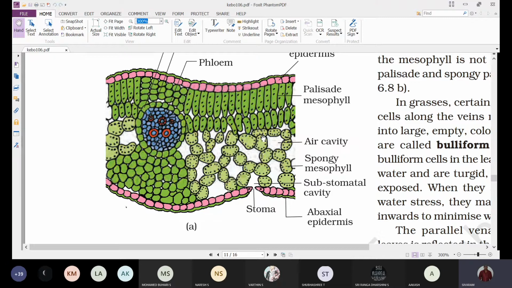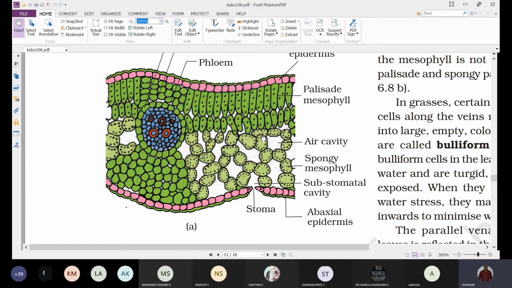The parenchyma cells which are elongated and compactly arranged with little or no intercellular spaces, parallel to one another but arranged vertical to the epidermis, are called the palisade parenchyma. And the round or oval shaped parenchyma cells which extend from the palisade parenchyma up to the lower epidermis with large intercellular spaces, we call the spongy parenchyma.